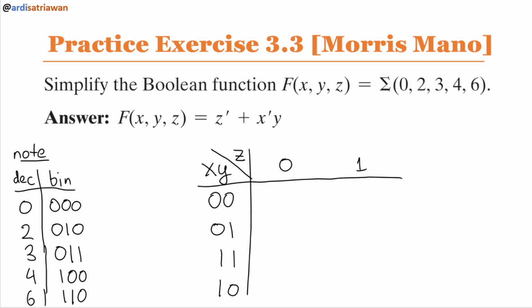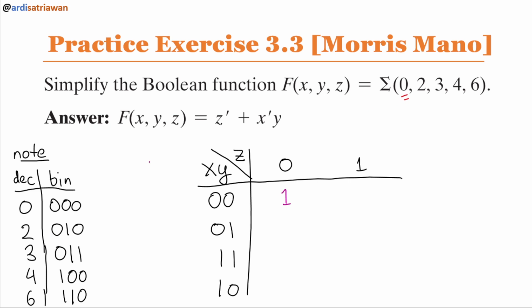Now we have 0 here, and we can write it as 0, 0, 0. This is x, y, and z. We have the value of it as 1 here. This is the first one, index 0, minterm 0.